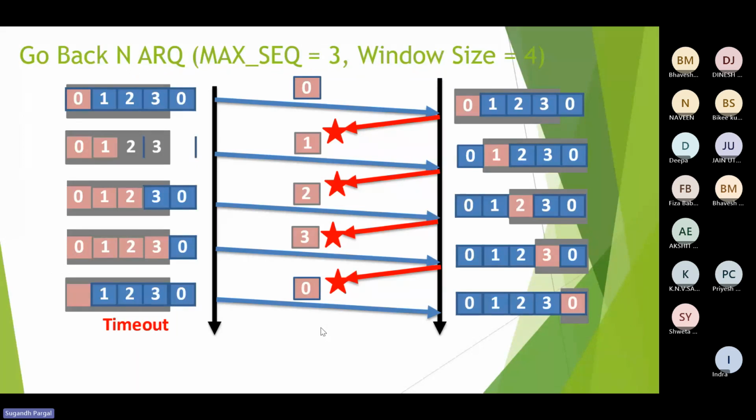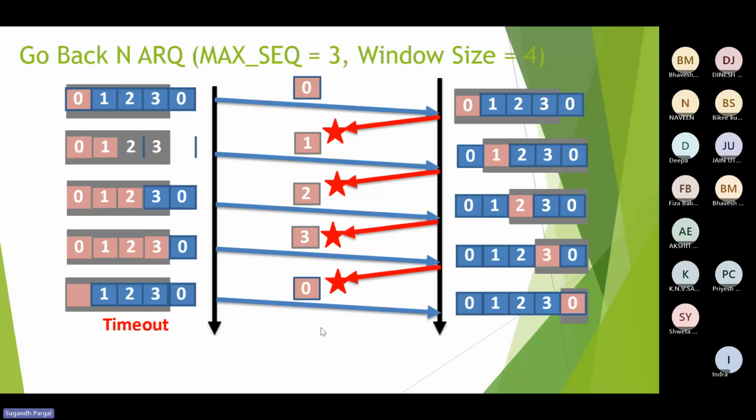So we choose the maximum window size equivalent to the maximum sequence number, but not more than that, not the maximum sequence number plus 1.